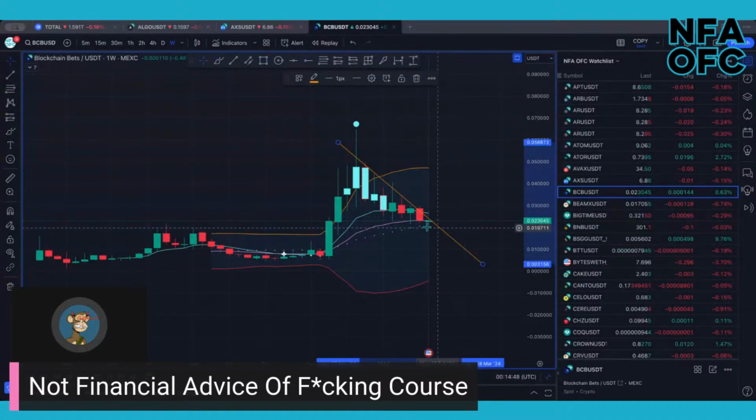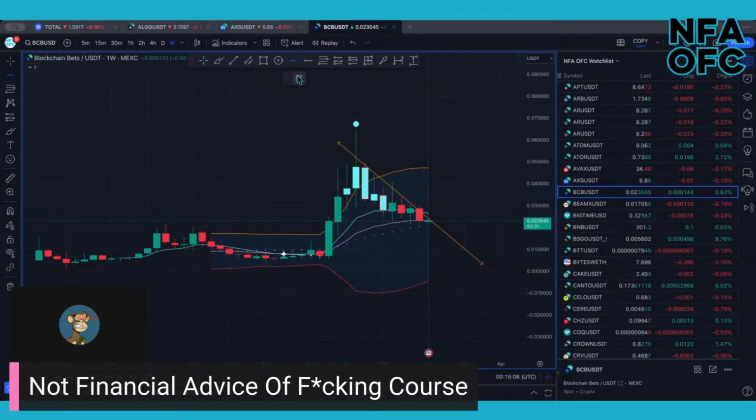So if this holds this line, which seems reasonable, it's wicking to body here, starting to go up. We have again a very nice bullish wedge here. So sometimes when I'm just thinking, does it do it?